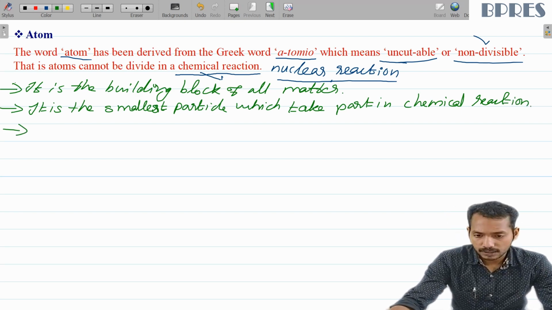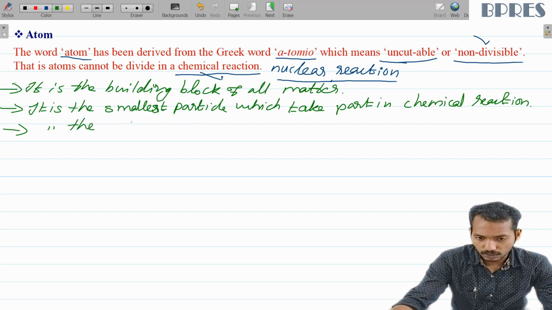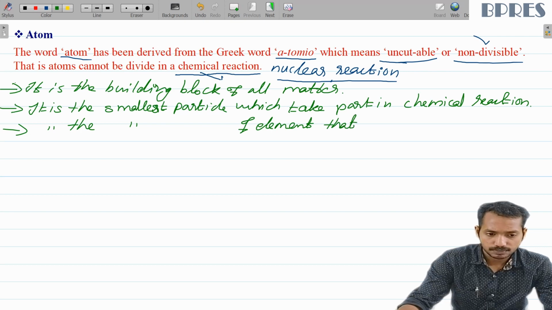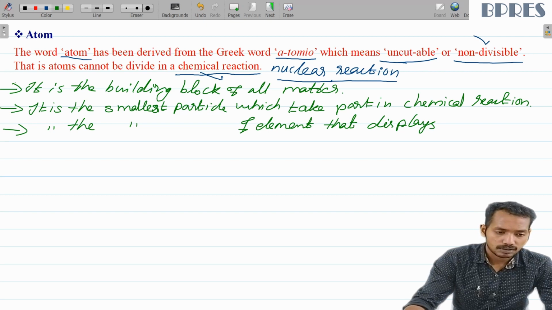And it is the smallest particle of element that displays all the properties of element.